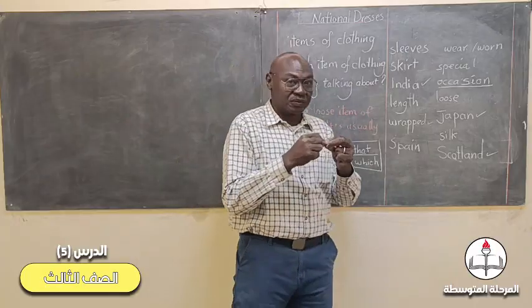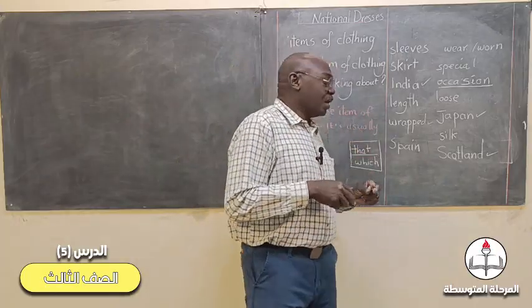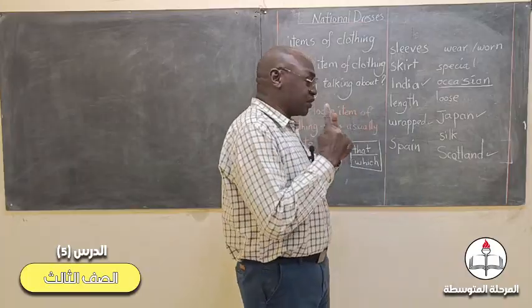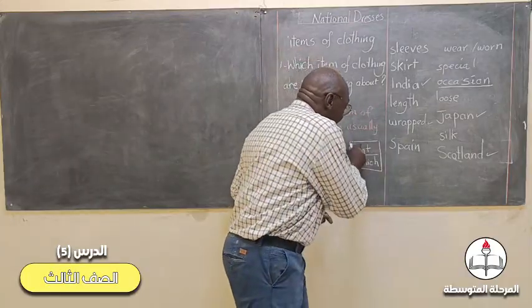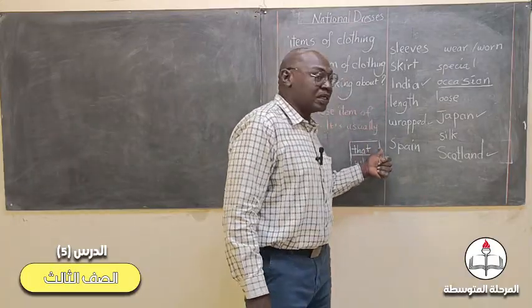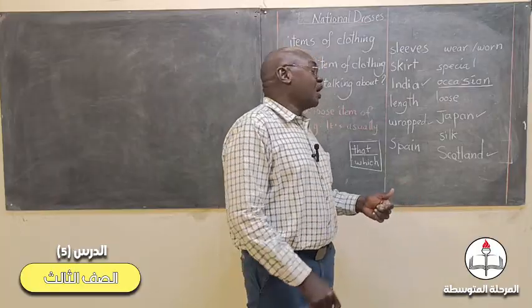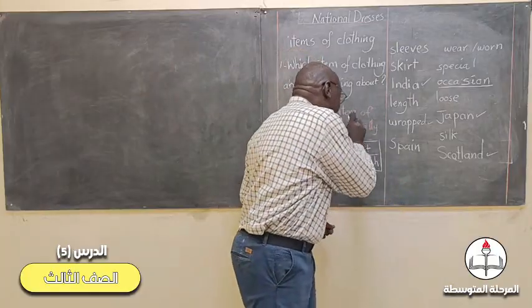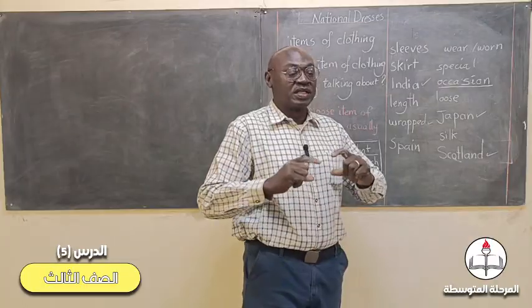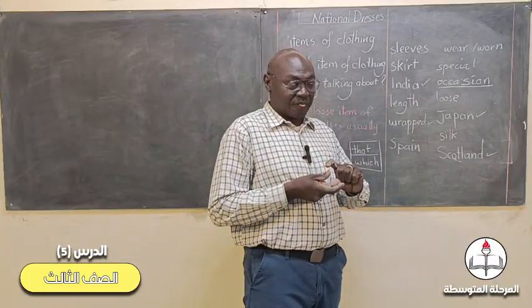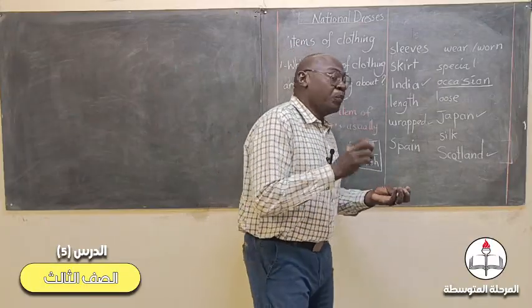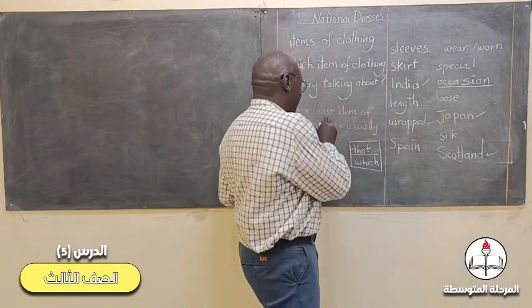The two describe one thing. If the two sentences describe the same thing, we are going to use the relative pronouns that or which. And those are things, not a person. How can we join them? We put them in the middle here.